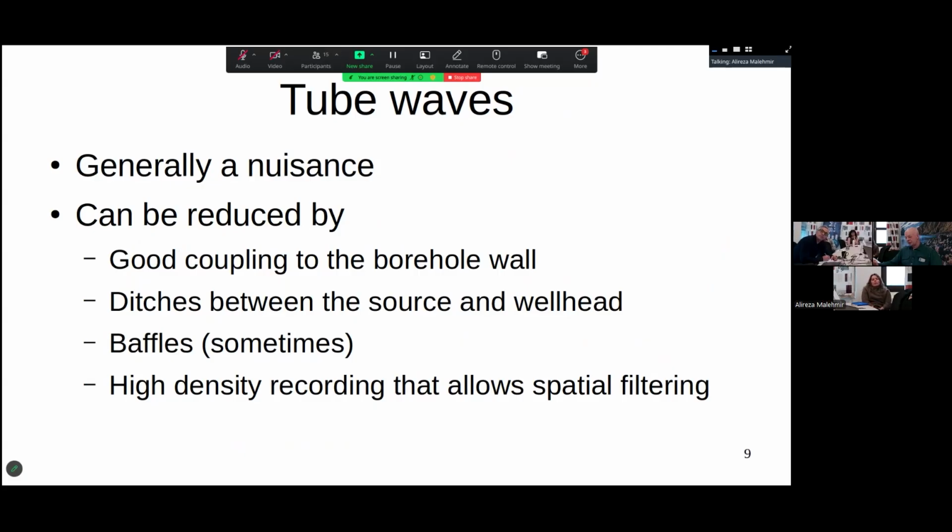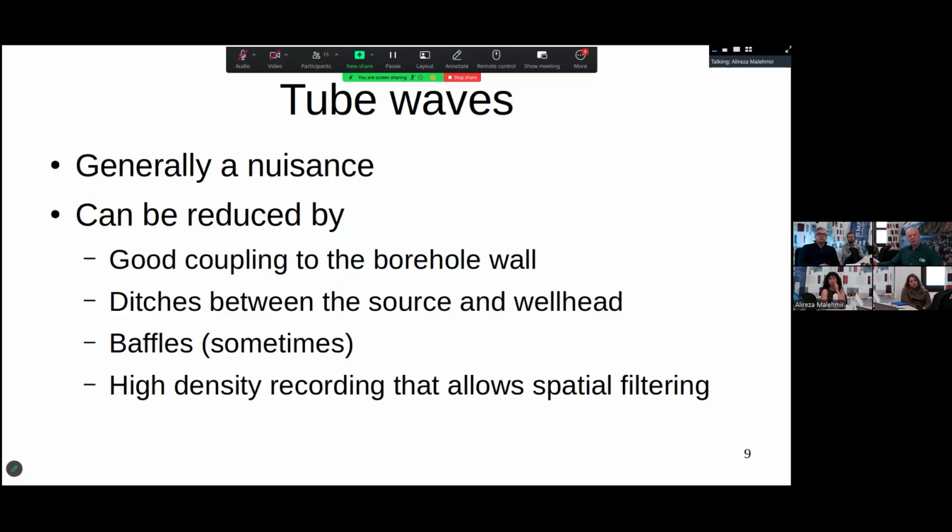We can reduce their occurrence if we can get good coupling to the borehole wall. If we can press our geophone or our fiber optic cable against the wall, we can try to put ditches between the source and the wellhead. This will reduce the amplitude of the Rayleigh wave, which, as I'll show in the next slides, often generates the tube waves at the surface.